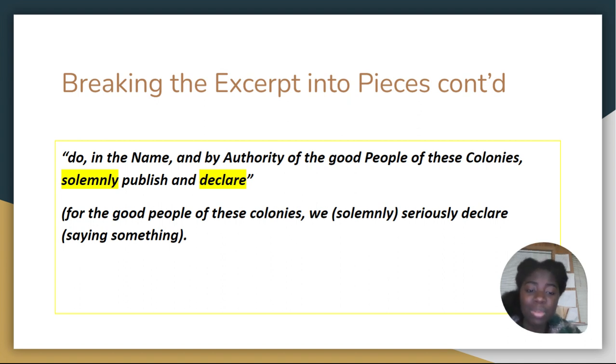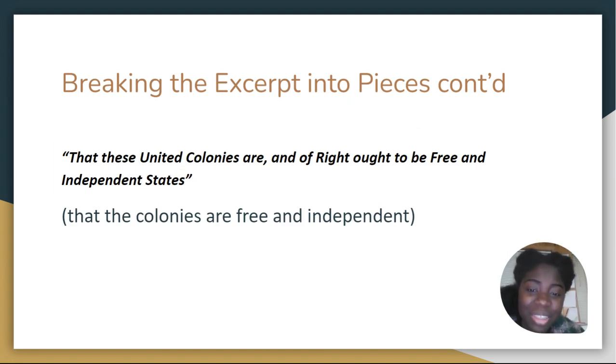So, how do we say this in our own words? For the good people of these colonies, we seriously declare that, moving on, "that these united colonies are and of right ought to be free and independent states."